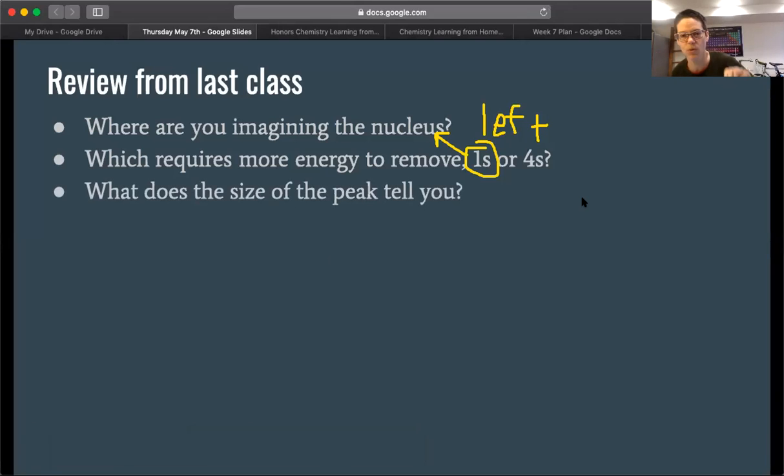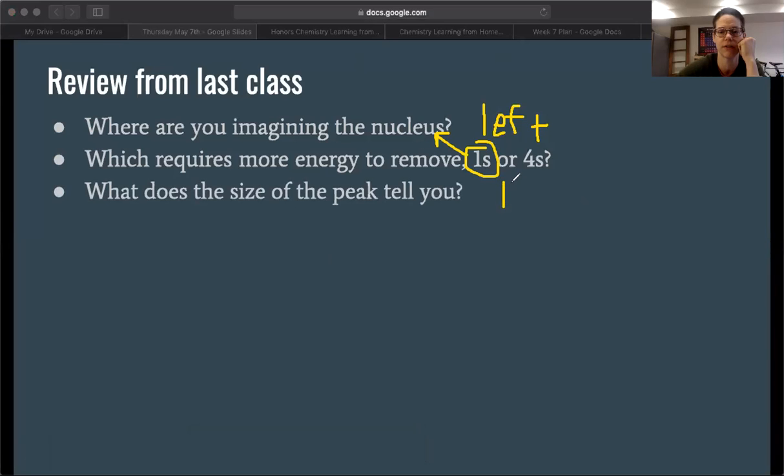Okay, and then do we remember, what does the size of the little peak in the graph tell you? Relative number of electrons. Number of electrons.